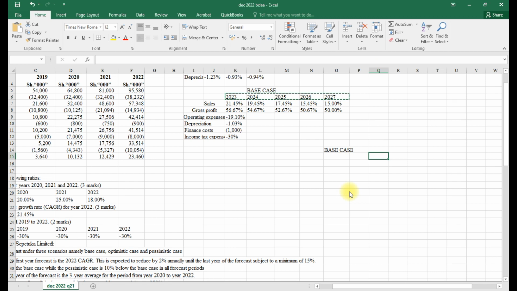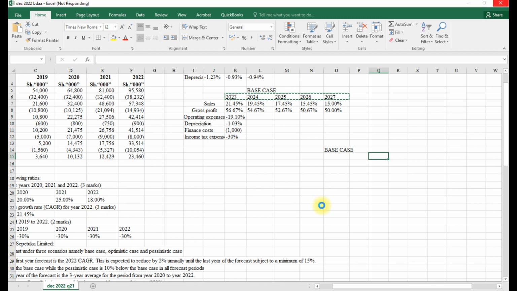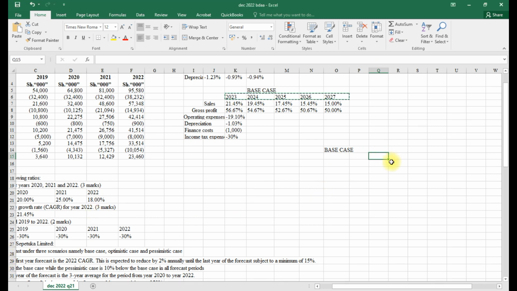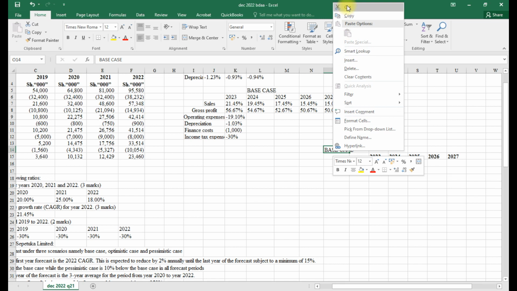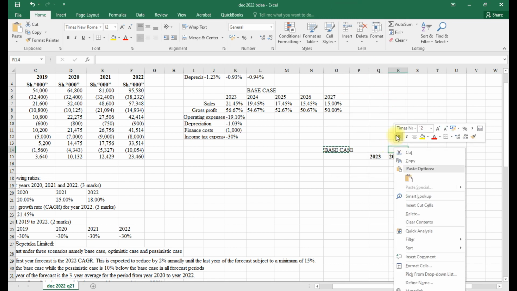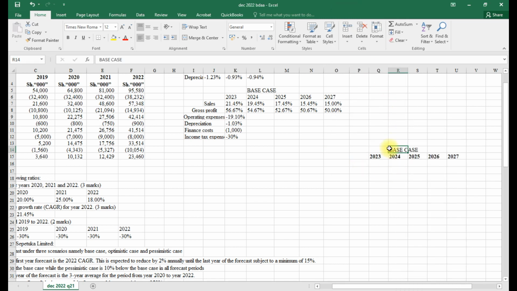So I paste it there. Okay, so Control V as a shortcut and Control B for bold. Those are our years that we shall be having there under the base case. So this I can cut it, I put it in the center, and I merge these two.